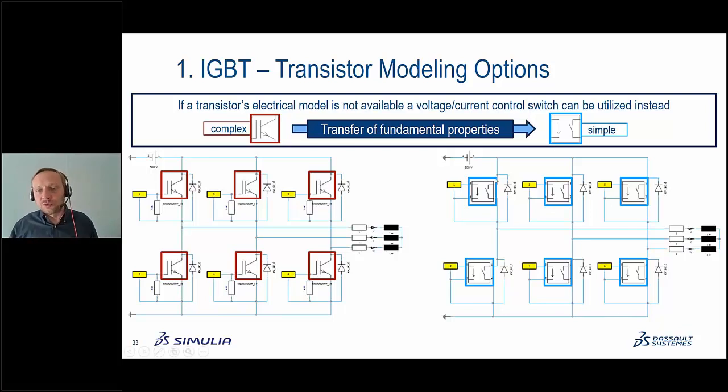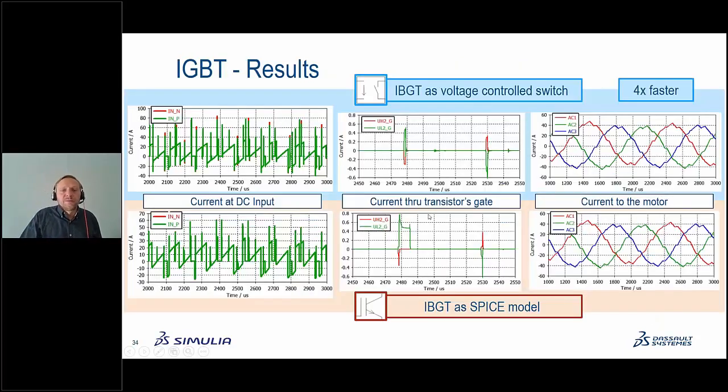And what we did here, we took an ideal switch instead of the IGBT. If we compare this, the motor currents, the DC currents look pretty much the same. Of course, not everything is correct in a simple model, because, for example, the current flowing through the gates is more accurate in the IGBT model than in the voltage controlled switch, but we are 4 times faster.